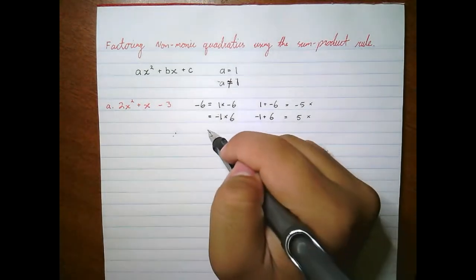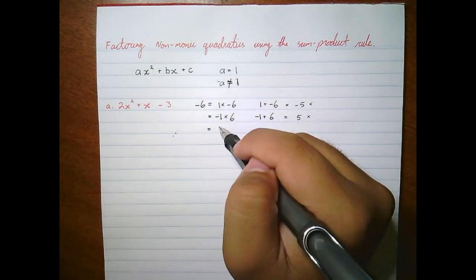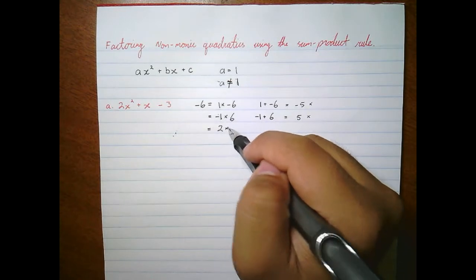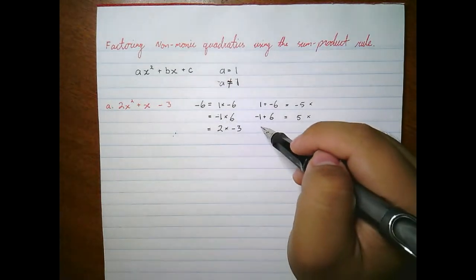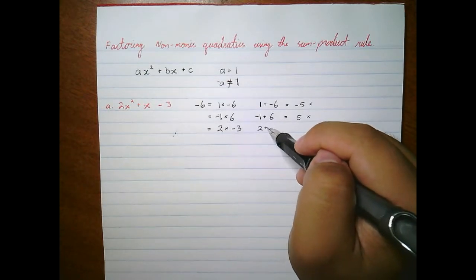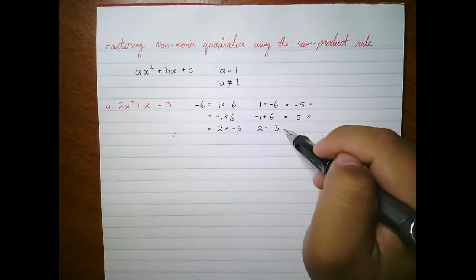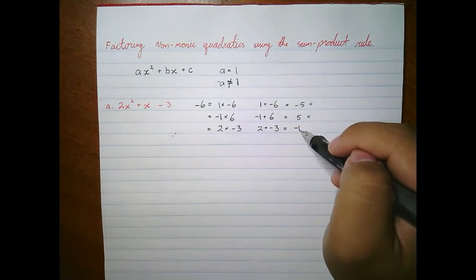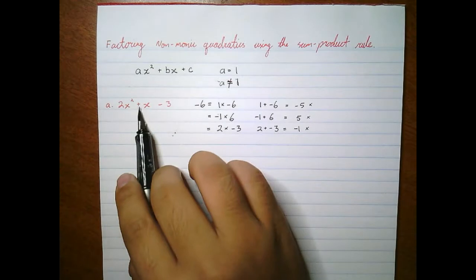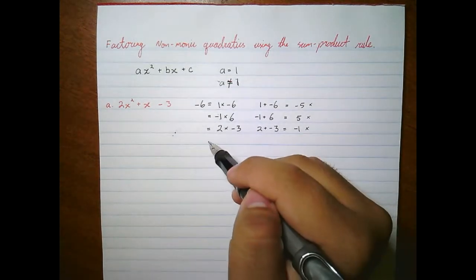Okay, let's keep going. Let's try +2 times -3. Let's test it out. 2 plus minus 3 is -1, which is very close. I believe it's going to be the next one.